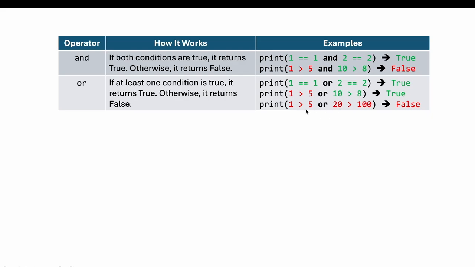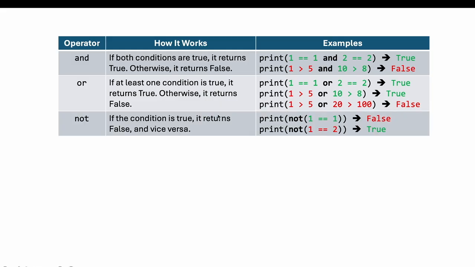Both of those are false, so that statement will return false. And then finally the NOT gate, and this just reverses the condition. So if it's true, it returns false, and vice versa. So 1 equals 1, that is true. So not something true will return false. We're saying 1 is not equal to 1, that's false. But 1 is not equal to 2, that's true. So that one will return true.